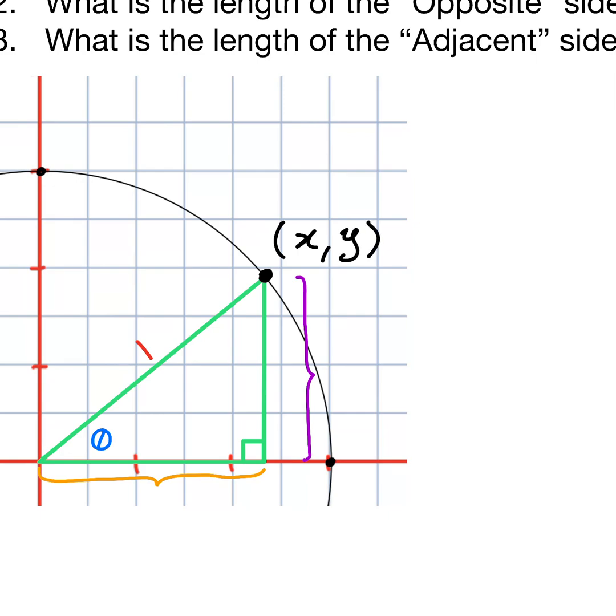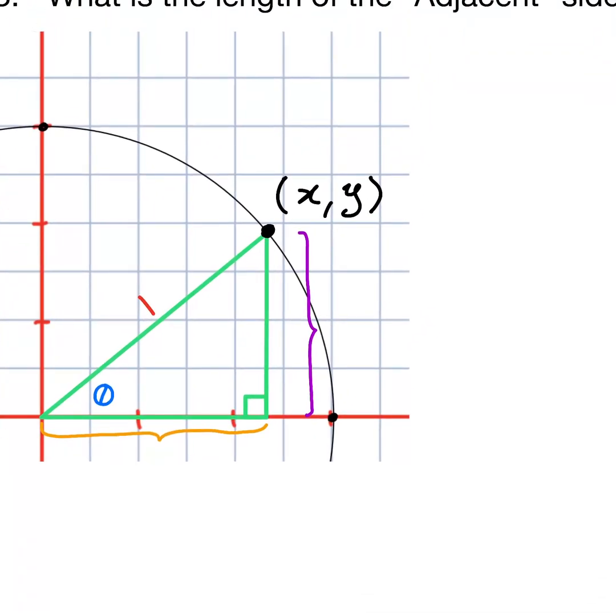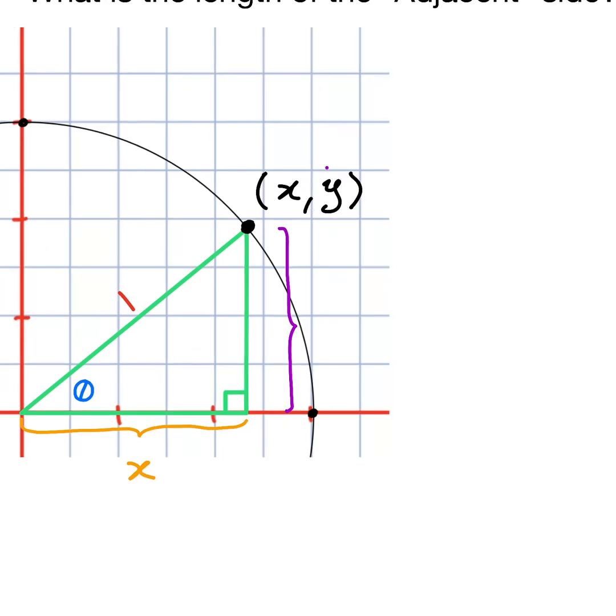You see that this length here, the adjacent side from theta, corresponds to the length of x. This is actually a length of x. Likewise, this length of the opposite is actually the same value as this y coordinate. This is a y.